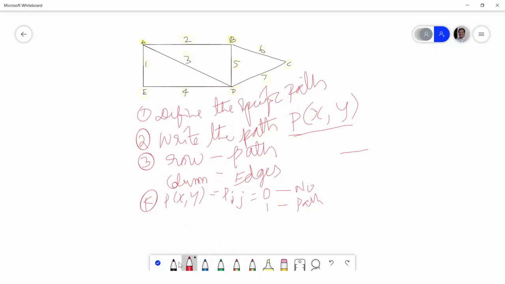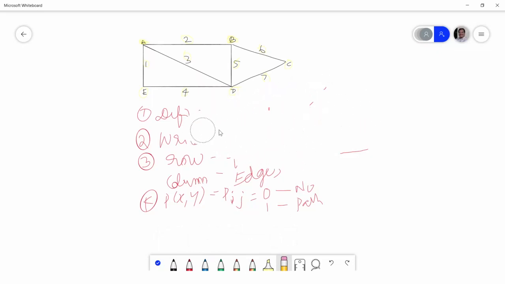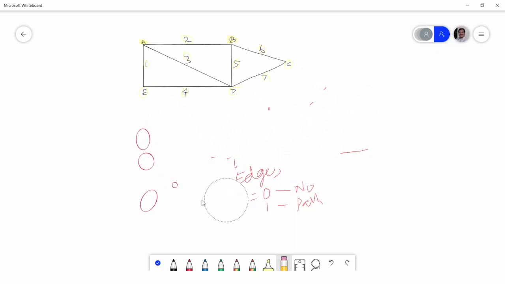Let me understand first. I'll just rub this out. First thing that I want to create is a path. First, I have to identify the path.